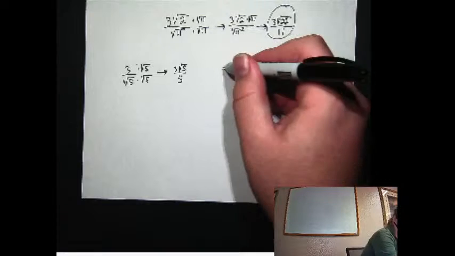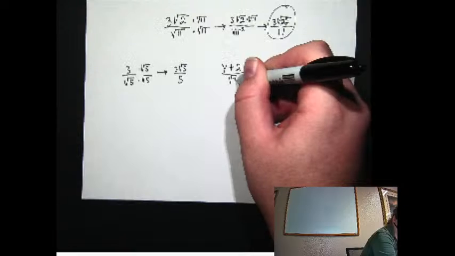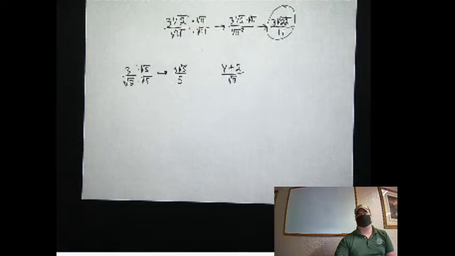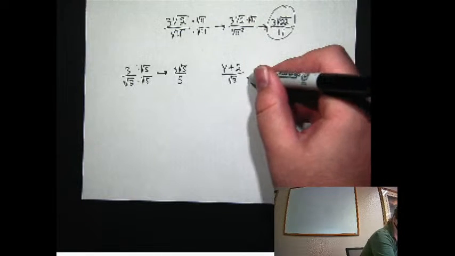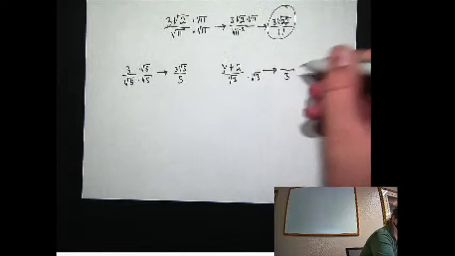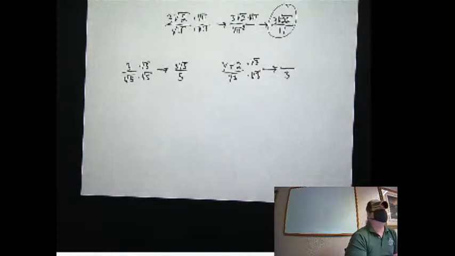Let me throw you a curveball. Y plus 2 all over the square root of 3. So, what do we multiply the bottom and top by to get rid of that root? Square root of 3. Which means on the bottom now we have what? Okay. Still need to multiply the top by that as well, and it's the entire top that gets multiplied.